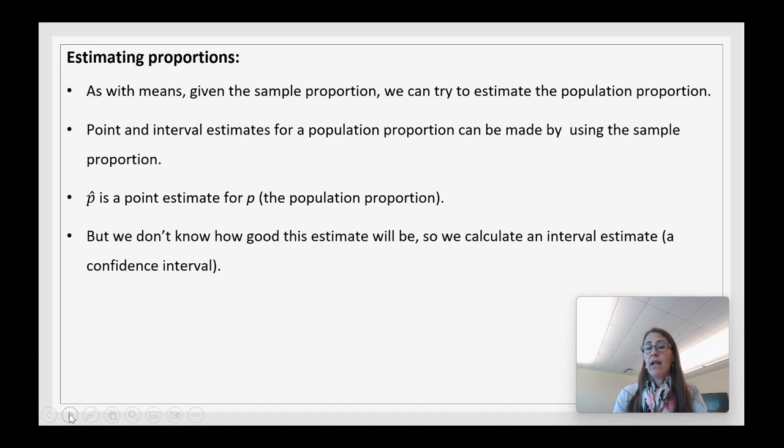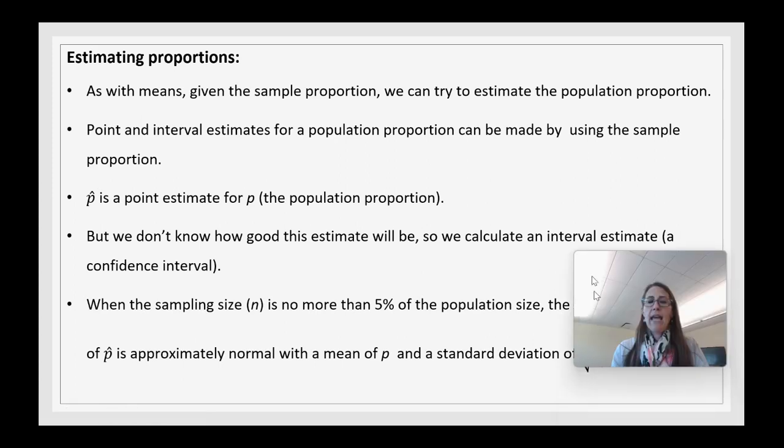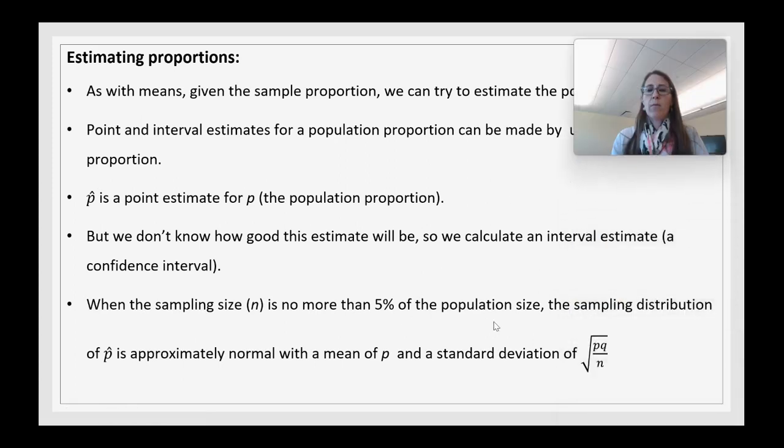So that's why we calculate the confidence interval, the interval estimate. So when our sample size n is no more than 5% of our population size, the sampling distribution of p hat is approximately normal with a mean of p and a standard deviation of the square root of p times q divided by n.